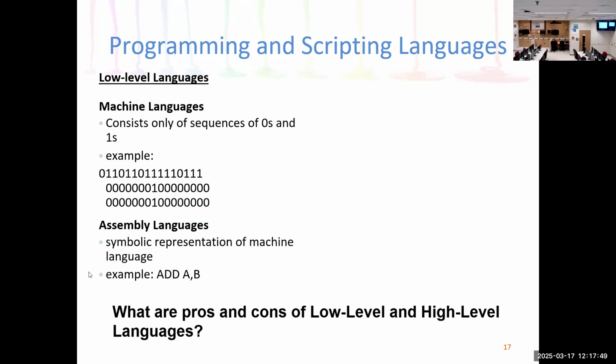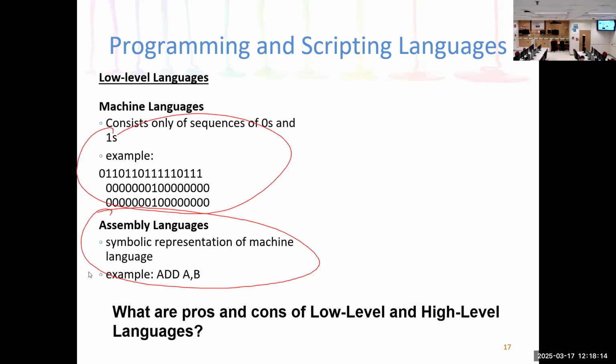Now you see, if you work with everything as 0 and 1, it's really hard for a human to understand what's going on. You just see a series of 0 and 1. So they upgraded to assembly language. Assembly language makes it a little bit simpler for the end user.